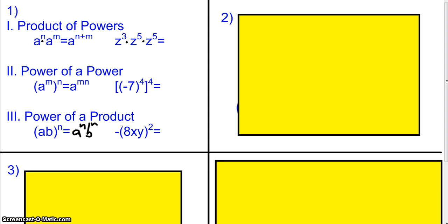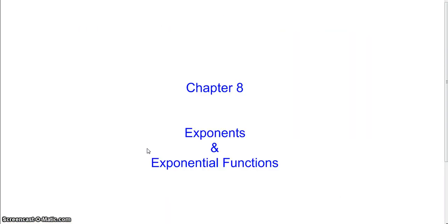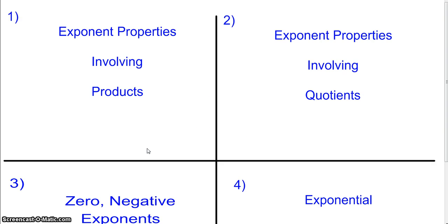No, because the negative in this case is not being affected by the exponent. So the answer here is, finish it for us, negative 64 what? Times x squared, y squared. Good. Now, this negative is outside the parentheses, so it is as though we're multiplying 64x squared y squared by a negative 1. So it's not in. And that's it for properties involving products.